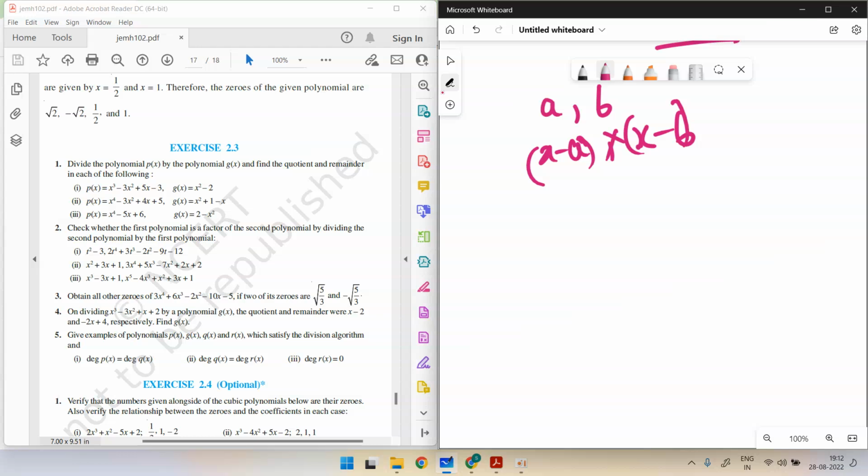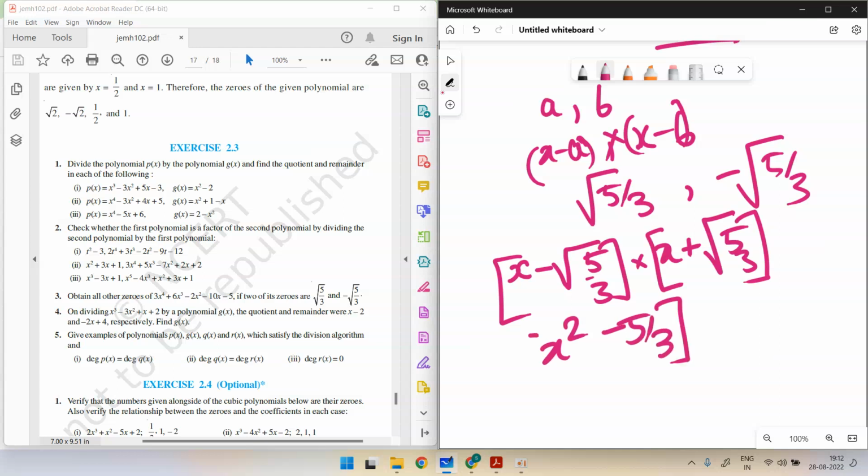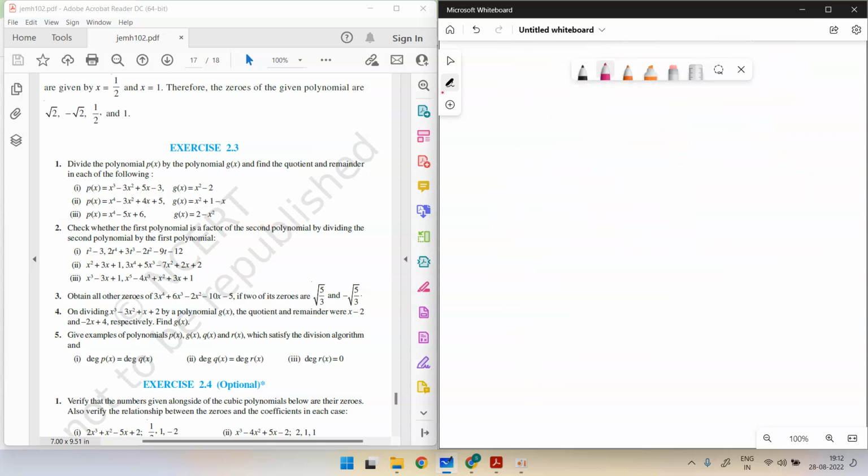Now, it is given that root 5 by 3 and minus root 5 by 3 are zeros. So x minus root 5 by 3 and x plus root 5 by 3. If you multiply these two, you get x square minus 5 by 3, using a square minus b square. This is the factor. Now you need to divide this whole equation by this.